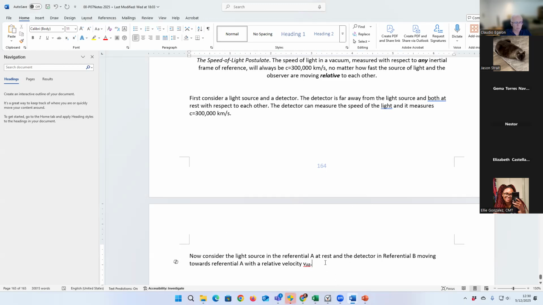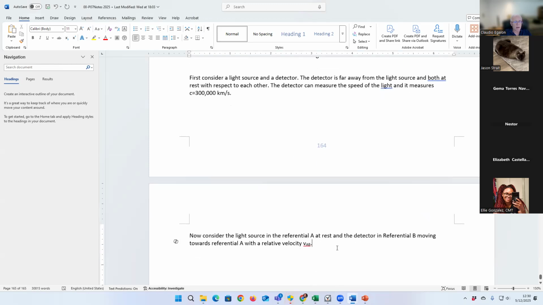Just assume that this detector is moving towards referential A with a constant relative velocity V_AB.